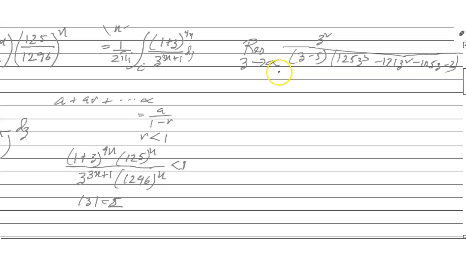We can get easily that this value is 0, since the power of z in the denominator is highest. And the residue at z tends to 5: whatever I get, z squared into (z minus 5) over 125 z cubed minus 171 z squared minus 105 z minus 25.